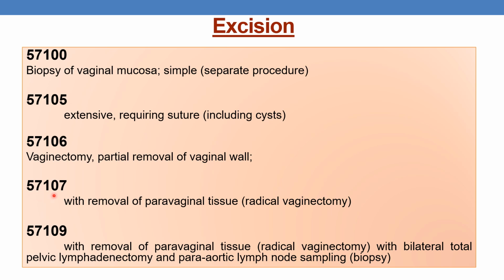The next is 57107, vaginectomy with removal of paravaginal tissue. The next is 57109, vaginectomy with removal of paravaginal tissue, radical vaginectomy with bilateral pelvic lymphadenectomy and para-aortic lymph node sampling.